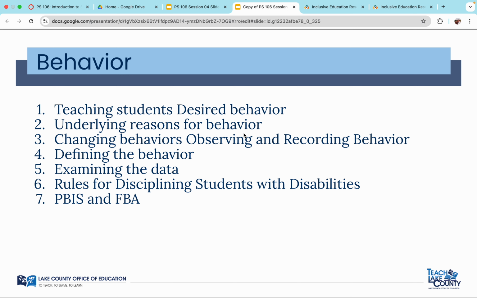When we want to change behaviors, we need to observe and record data. Lots of behaviorists want to have data, so they might give you a check sheet saying, every time a student walks out and goes AWOL, I want you to record the time, the day, how long this particular AWOL went on for, and what time he re-entered the class.